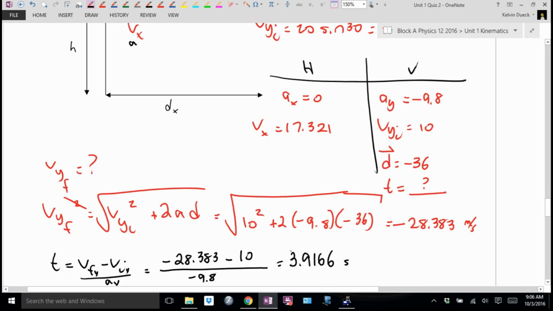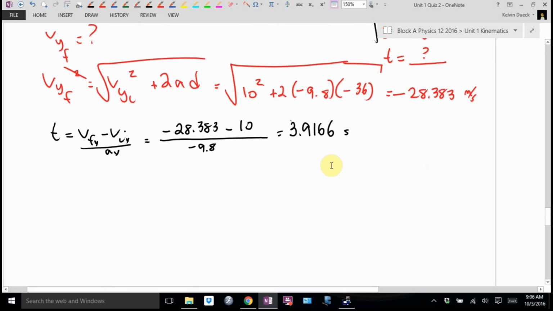Is that what they wanted me to find? No. Range. Okay. Range. dx equals vxt plus a half at. Oh, no, acceleration. 17.321.